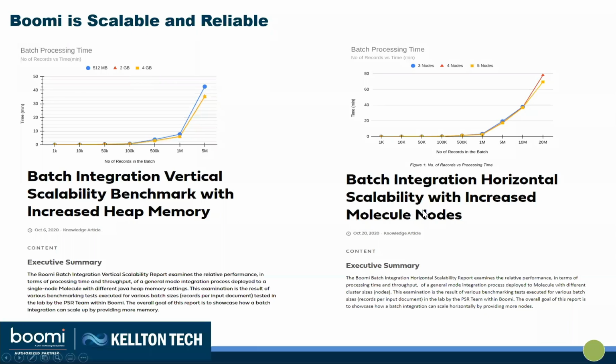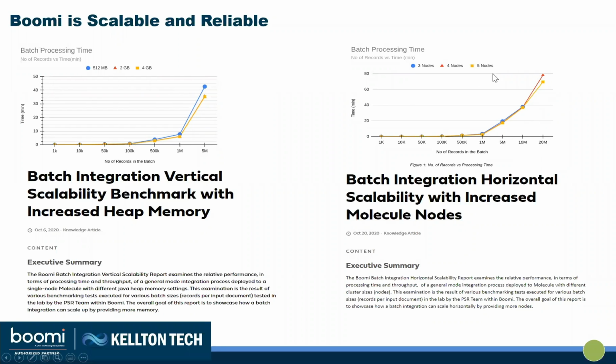Again, the left is like the vertical scaling option. On the right side, it talks about the horizontal scalability. What if you increase the number of nodes? The blue line here indicates the 3-node scenario, where if you have like 10 million records in your flow, then it would take about 30 minutes, I mean, nearly 40 minutes. But then that time goes down with increased nodes.